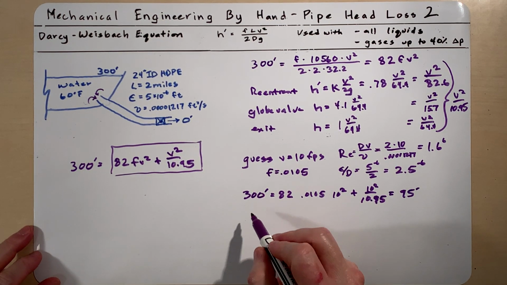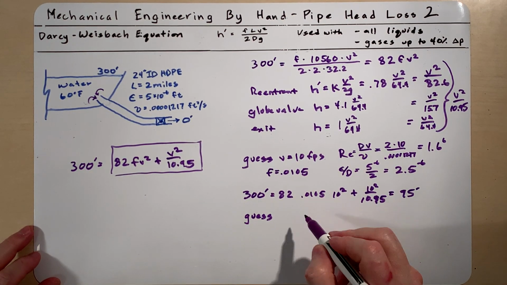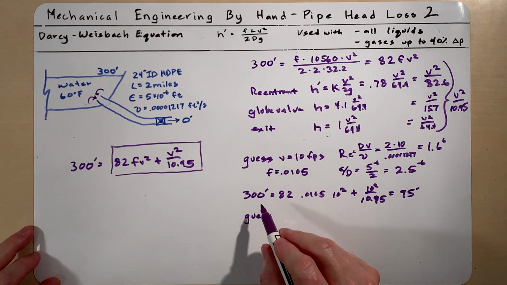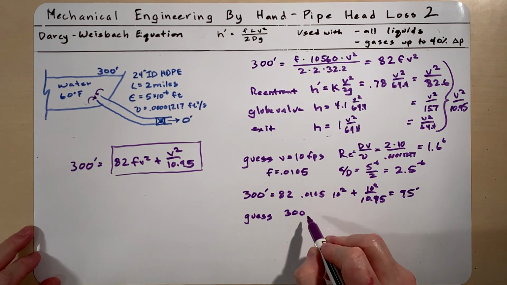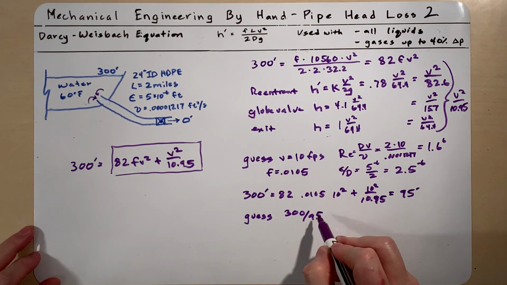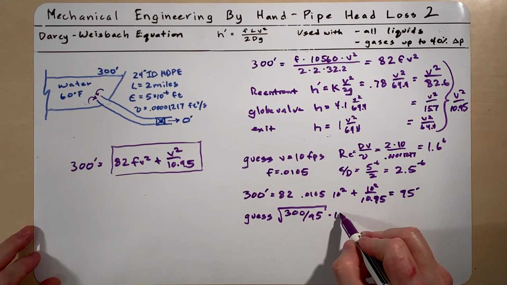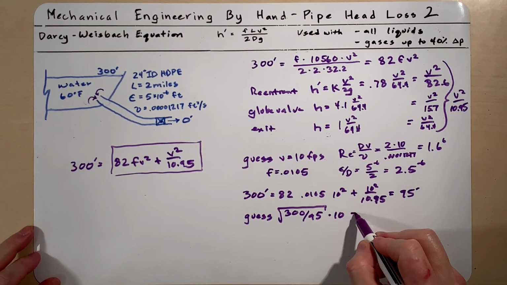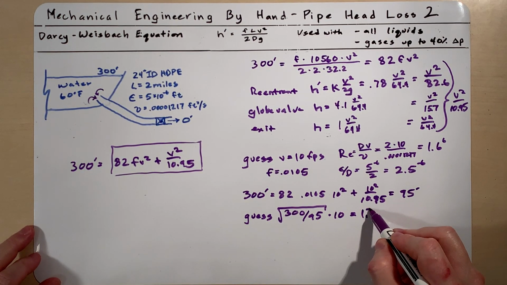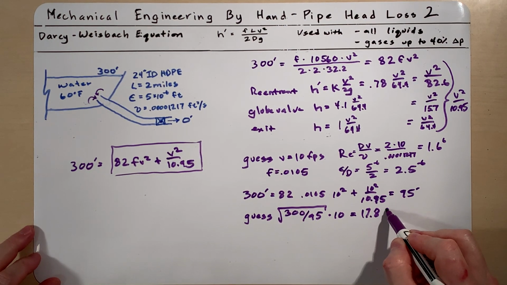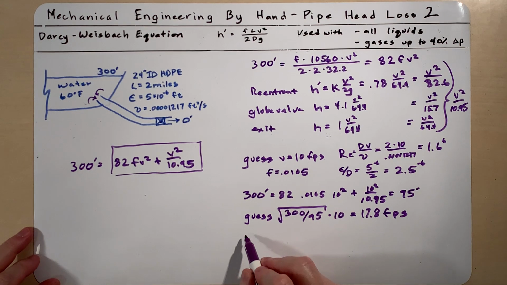So what I mean by that is we'll take this ratio, our velocity needs to be higher, so 300 over 95, and take the square root of that, and then we'll multiply it times our first guess, which was 10 feet per second. And so that equals 17.8 feet per second.